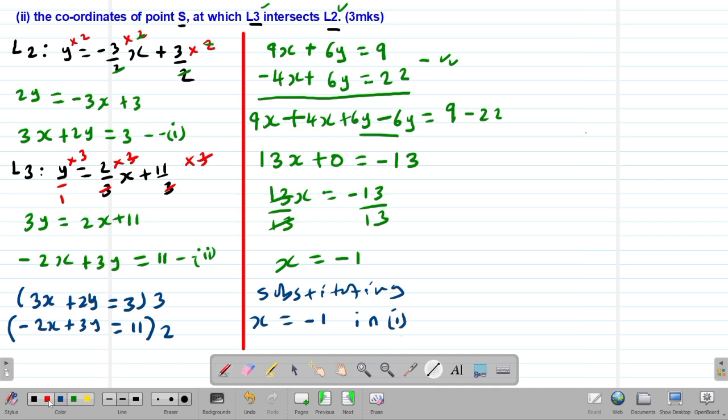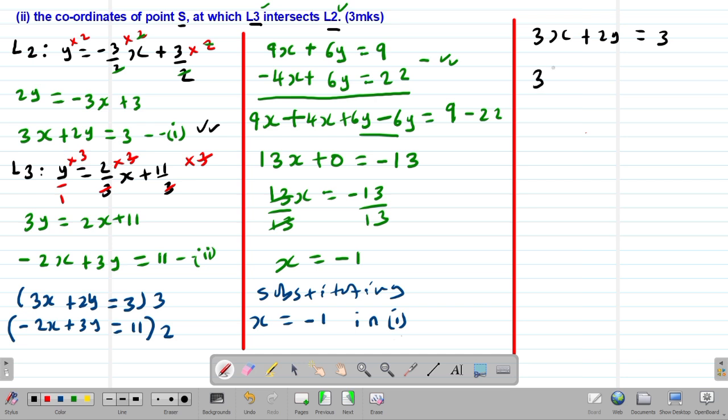I'm going to get the following when I substitute. Let me recall my first equation, it is here. My first equation was 3x plus 2y is equal to 3. So if I substitute, I'll have 3 times negative 1, plus 2y is equal to 3.